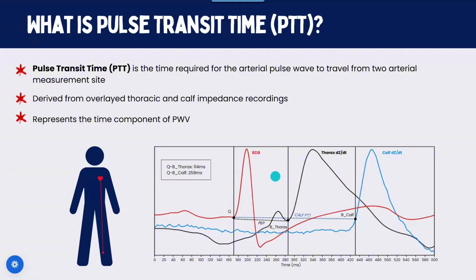So that being said, in order to get this arterial pulse transit time of when the aorta opens and when we see this at the calf, we're going to take a few different measurements. We're going to use our traditional PEP, which is looking from Q to B in order to see where that aorta opens. And then we're also going to take the calf pulse transit time, where again, either from Q or R, looking at the foot of where this arrives, or also the peak of where this arrives.